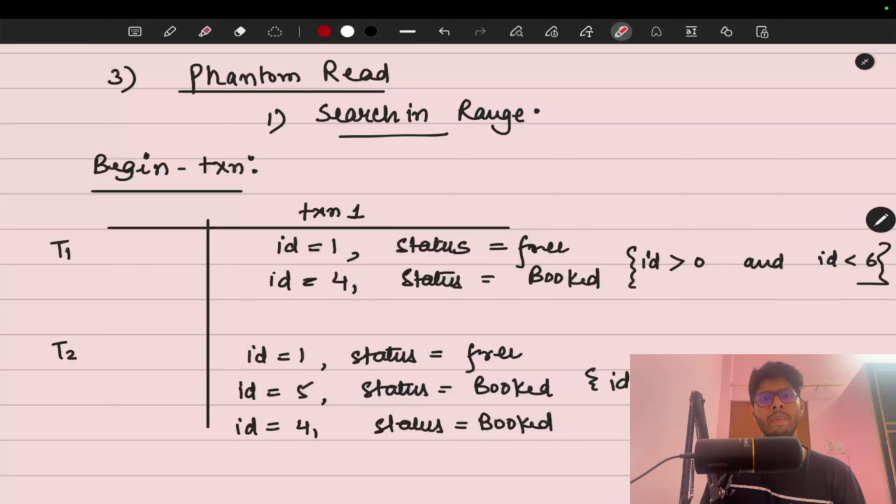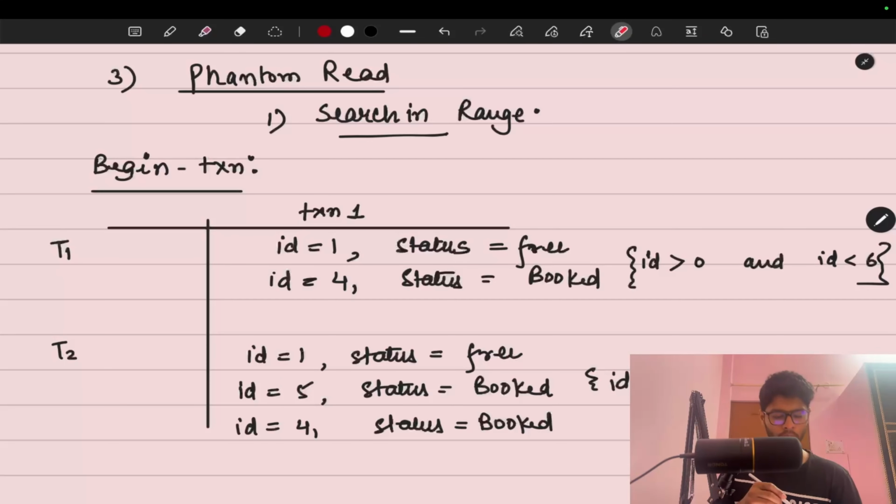Now suppose there is one more transaction T2 happening anywhere in the system, and it inserts one more row within this range, id greater than or equal to 0 and id less than or equal to 6, assuming it inserted a row with id equals 5. Now what will happen?